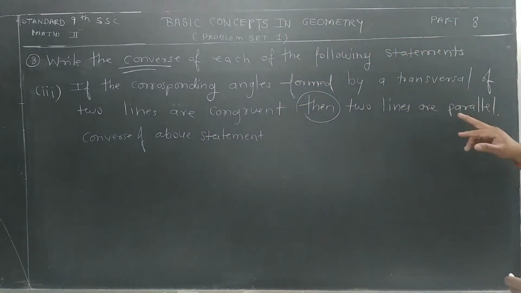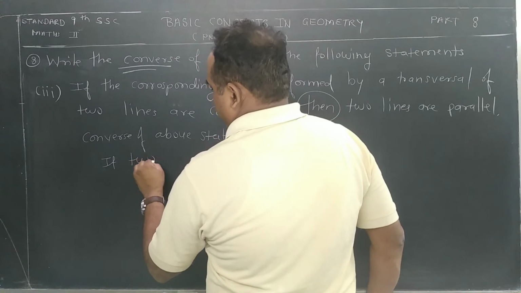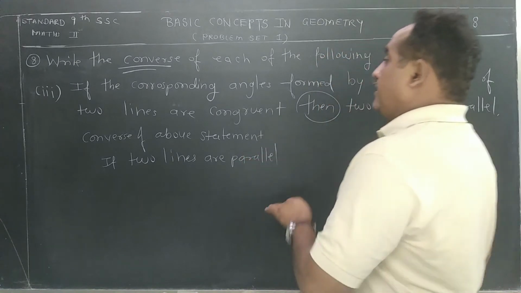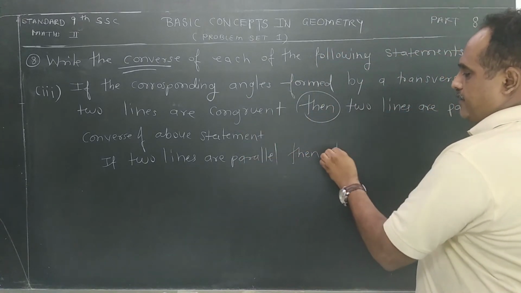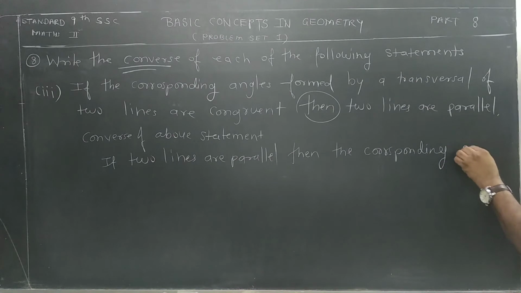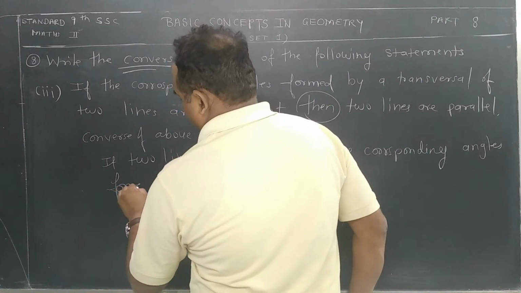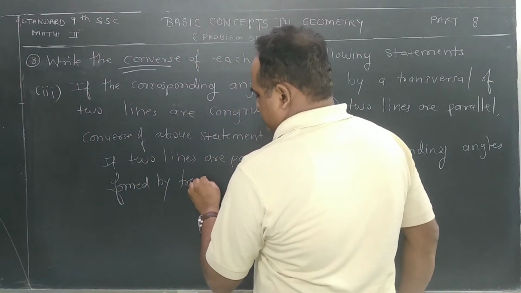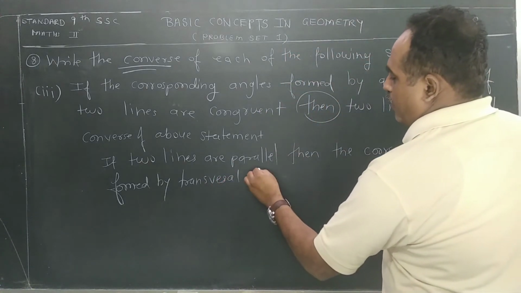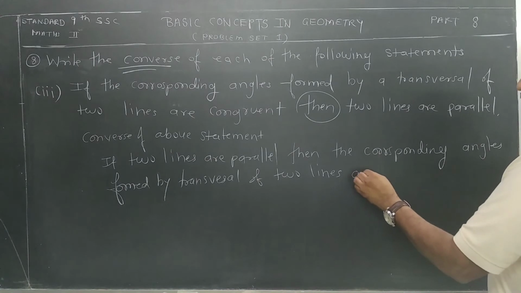So what would I write? If two lines are parallel, then the corresponding angles formed by a transversal of two lines are congruent.